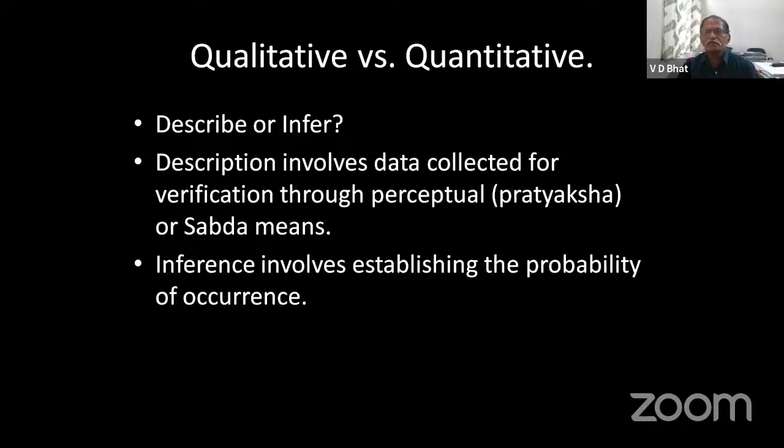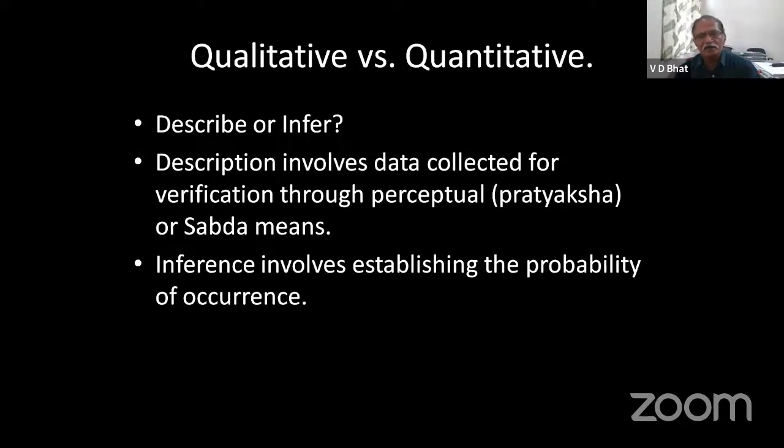For example, if you are studying culture, or in anthropology, if you are studying the marriage procedure or the marriage practice in a certain community, you are describing it. You are not measuring it. You are describing how it is done. So that kind of study is basically a descriptive study.